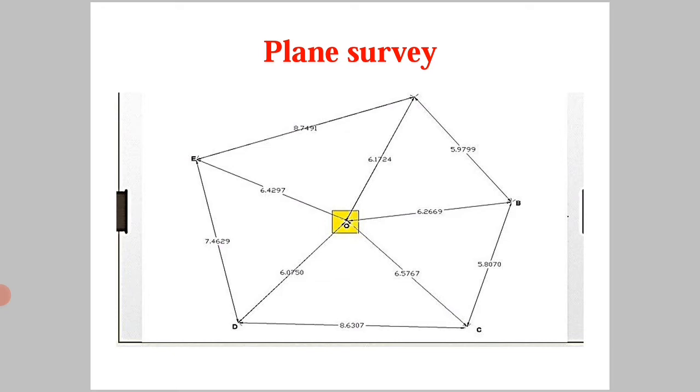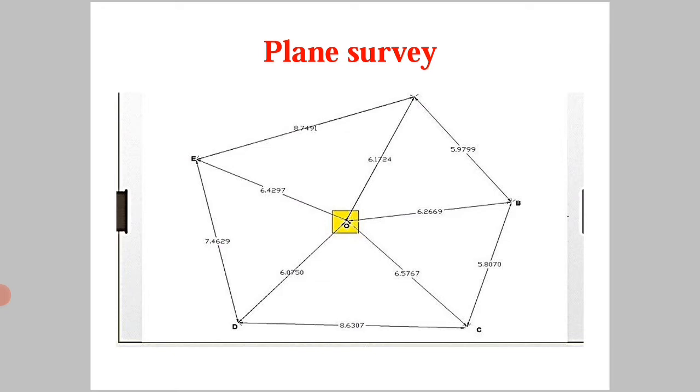This diagram shows a number of well conditioned triangles, all forming a network of equilateral triangles, right? So it is the type of surveying in which Earth's surface is considered as a plane.